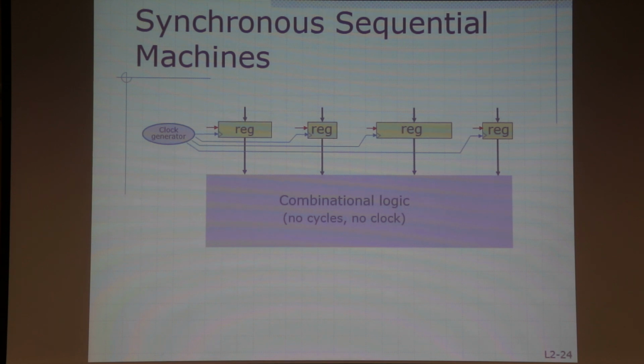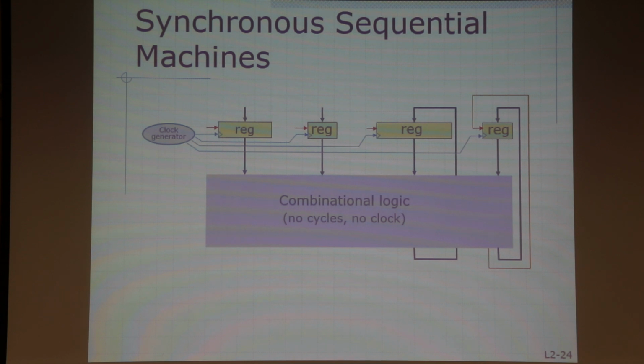And then there is going to be combinational logic. And what is the goal of this combinational logic? It's going to tell me the input for each register. It's going to tell me the enable input for each register, whether I should update it or not. And it'll do it for each register.